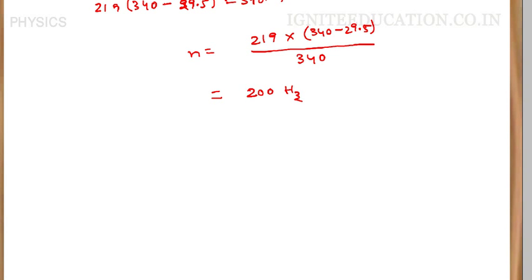So the train is moving with velocity 29.5 meter per second and making a whistle of frequency 200 Hz.